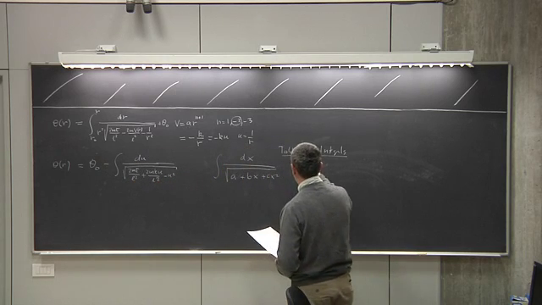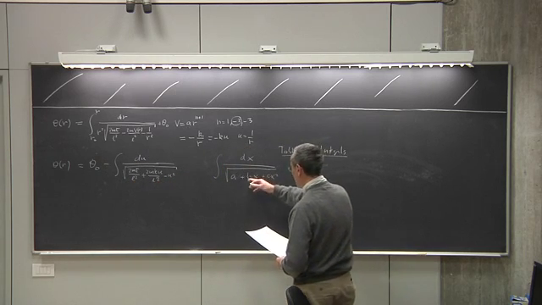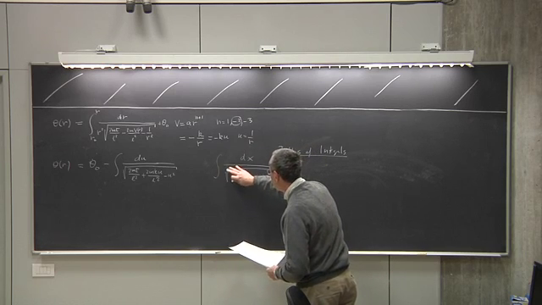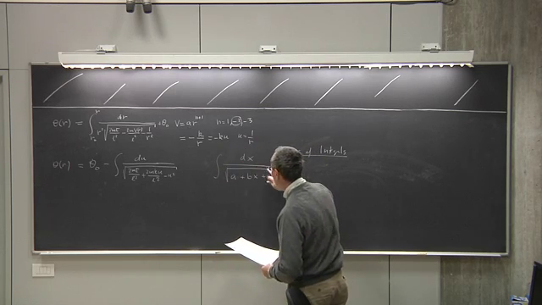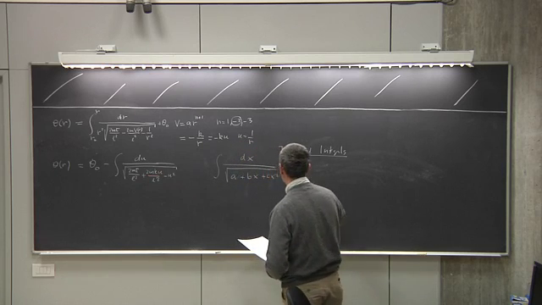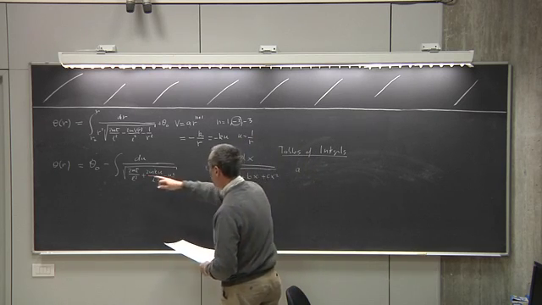Anyway, you go there and you look for this kind of integral. It's an integral of 1 over the square root with a quadratic polynomial inside. So all you need is to identify it.